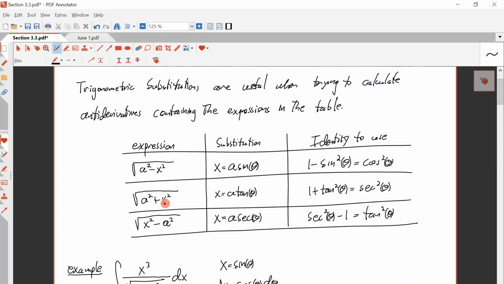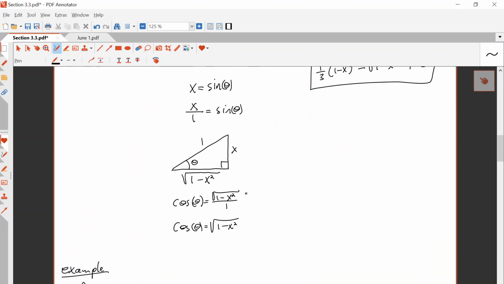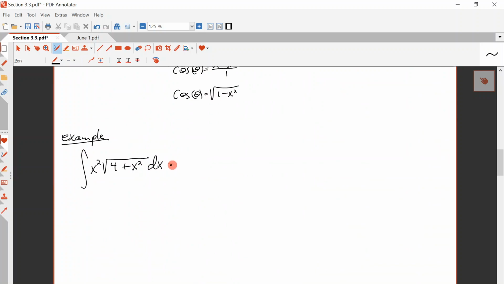Square root of a squared plus x squared: let x equal a tangent theta. So here a squared was 4, so a is 2. So x is 2 tangent theta. So we're going to let x equal 2 tangent theta, so dx is equal to 2 secant squared theta d theta.